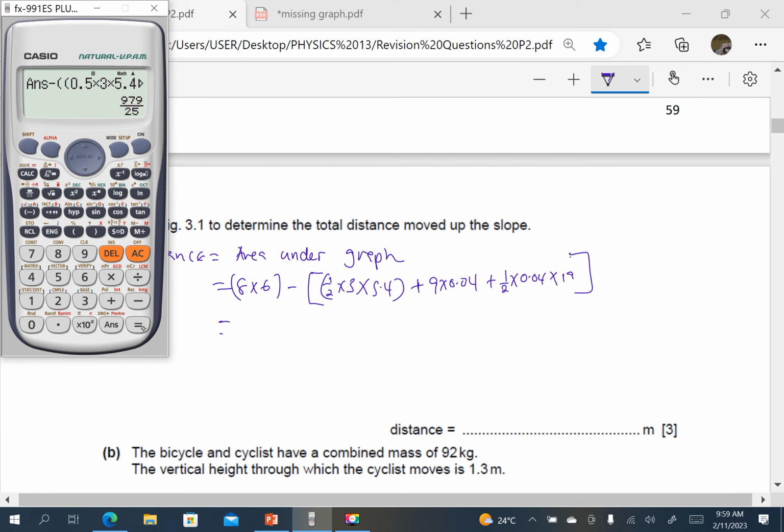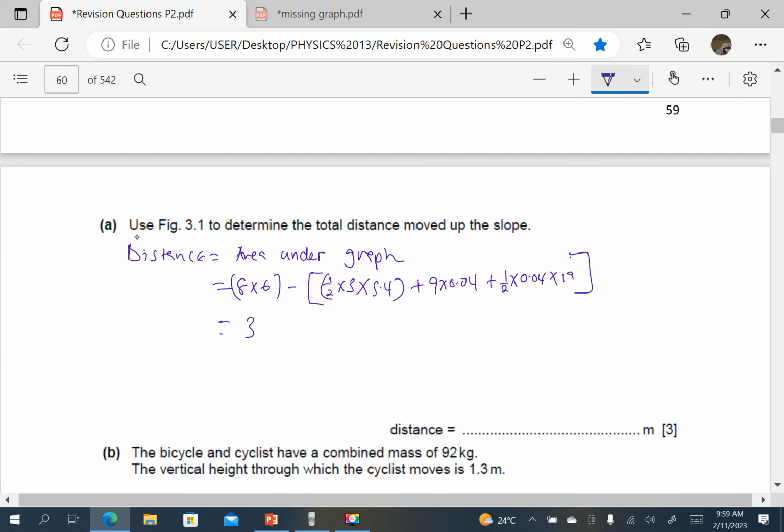Then I close the whole bracket to find the area, which will be 39.16, or approximately 39. So the area there is 39.